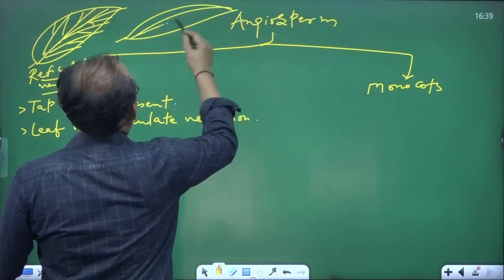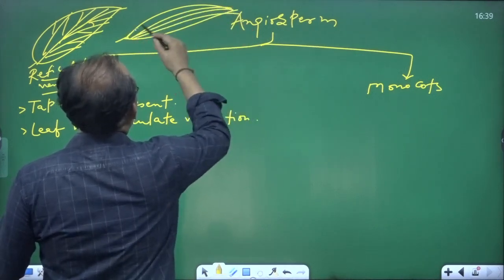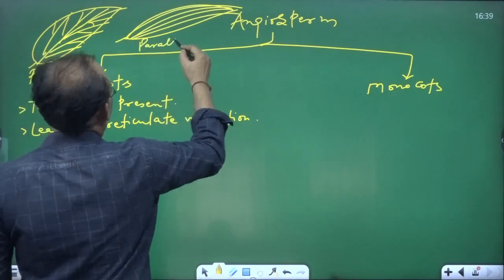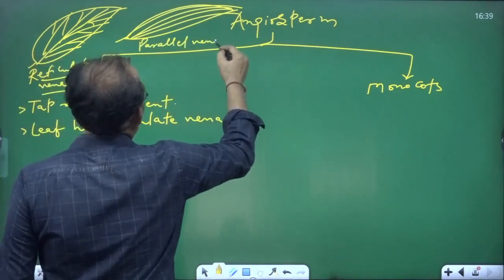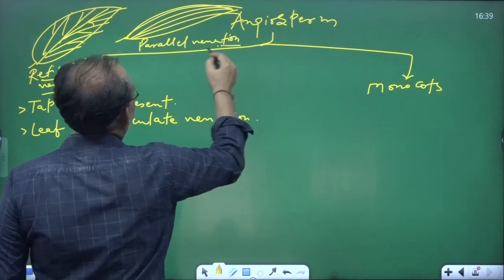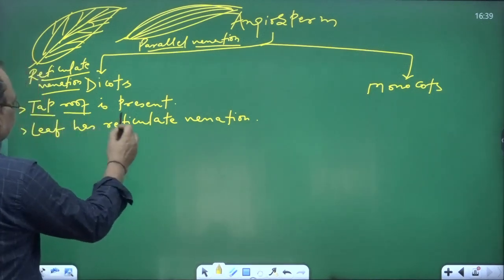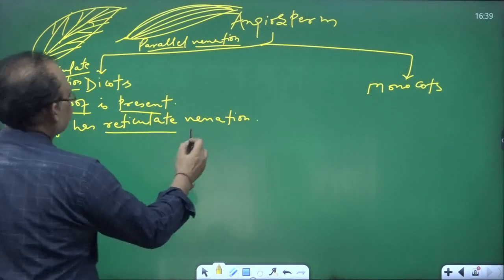When many veins are arranged parallelly, then this is called parallel venation. No, this is reticulate venation. Now here taproot is present, reticulate venation is present.